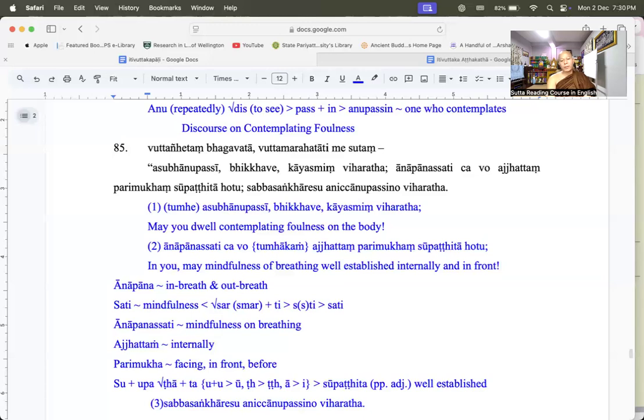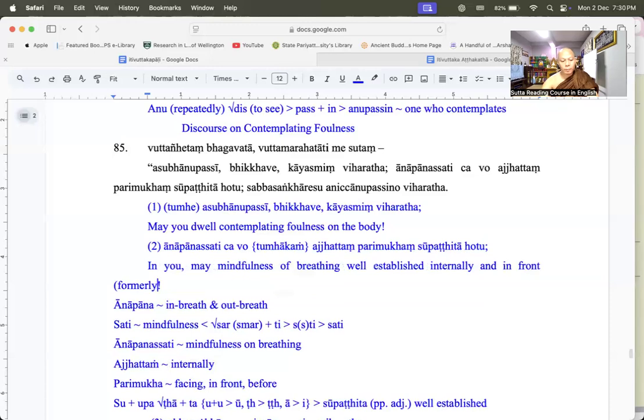So it is not before you, actually in you, formally, in this way can be understood. But here the scholar translation says before you. Here in front is better. In front or before or formally is okay, previously.